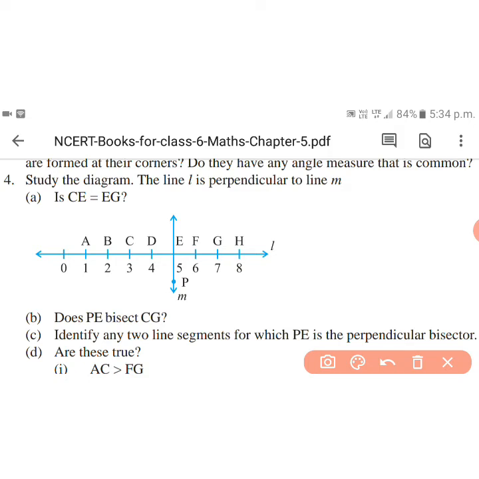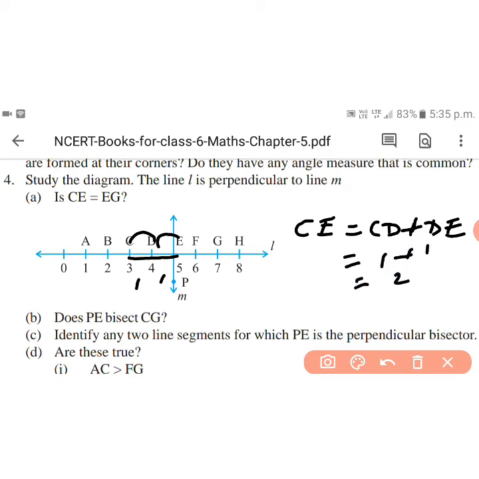CE equal to CD plus DE. So CD is 1 and DE is 1. So how many units? 2 units. 1 plus 1 equal to 2.